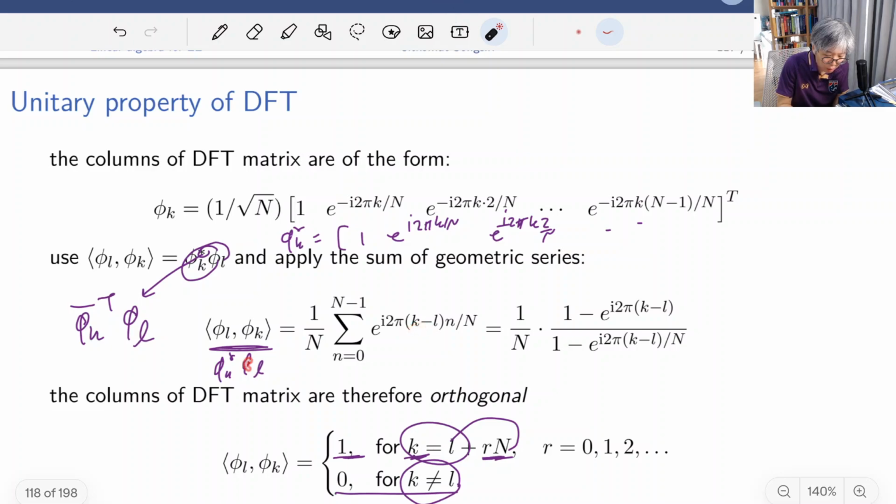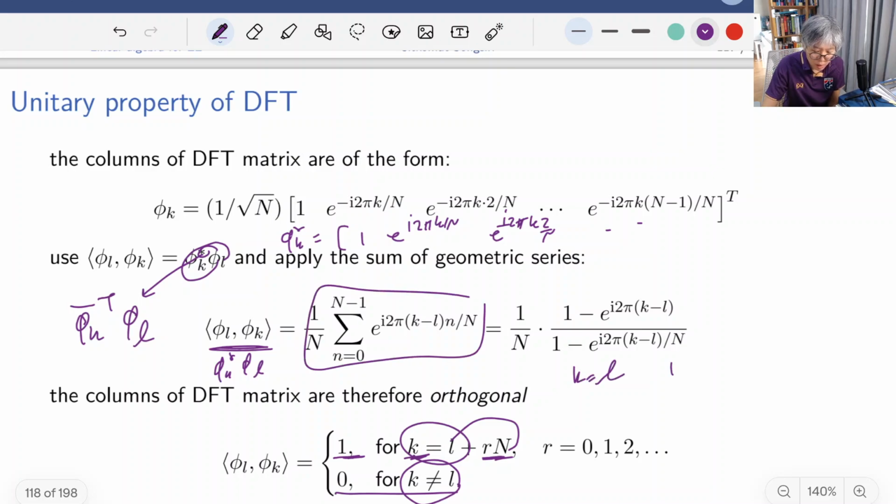And for phi l, you have a negative power. So when k equals L, this sum is basically the sum of 1 from 0 to n minus 1. So overall, this gives you 1.